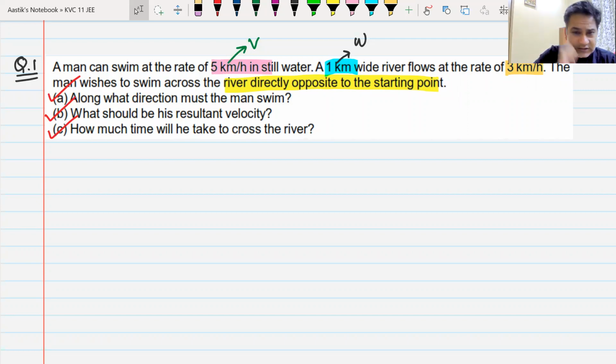From which direction are you giving me this angle? From where are you giving me this angle, beta? With the direction of river flow, vertical direction, which direction are you giving me this? I hope you understand my question. Yes or no?